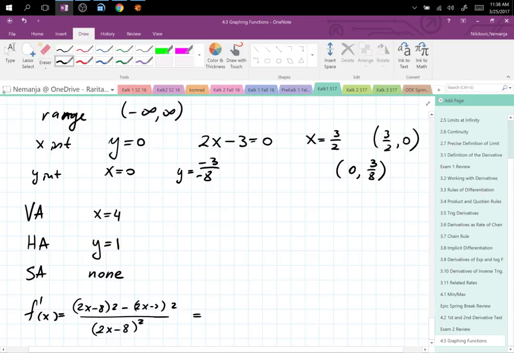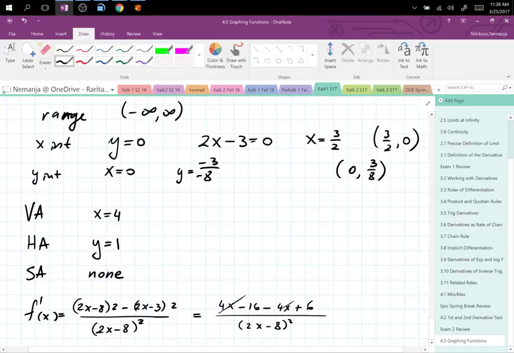So I have 4x minus 16 minus 4x plus 6. This smudge is 3 clearly. Divided by (2x minus 8) squared.